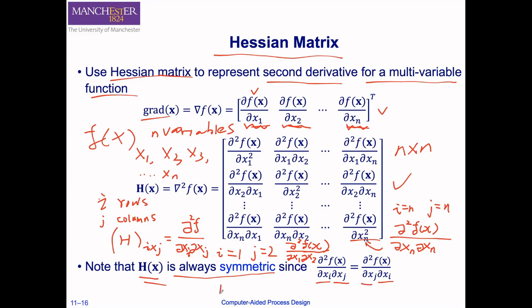That means the transpose of this Hessian matrix is equal to the Hessian matrix itself. It is very important to know the Hessian matrix is always symmetric. Please remember this point. We usually use an uppercase, upright, boldface H to denote the Hessian matrix.